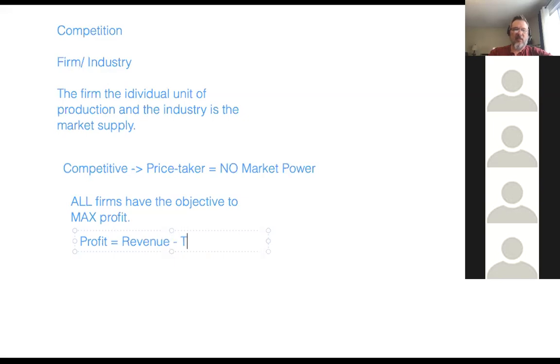I'm going to write this once, but you're supposed to remember that if I talk about cost and I don't put a modifier in front of it, you're supposed to know that I mean total cost, and in there should be opportunity cost.